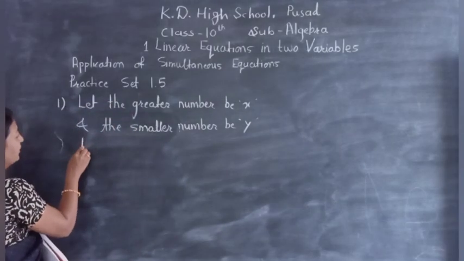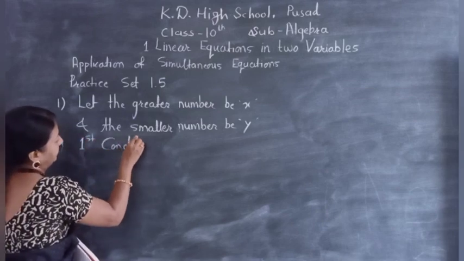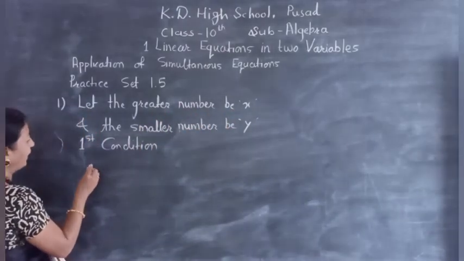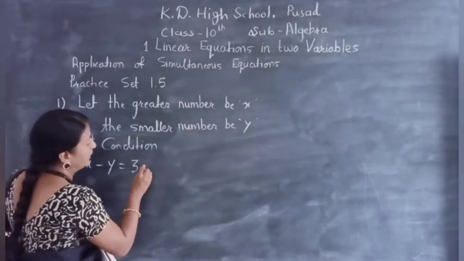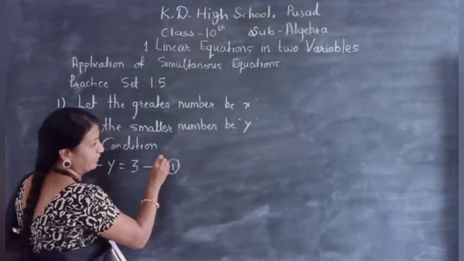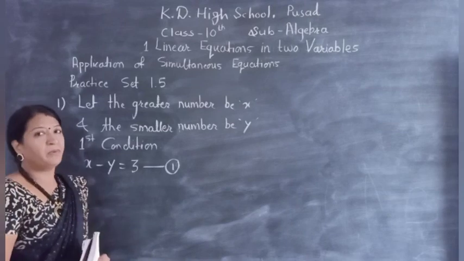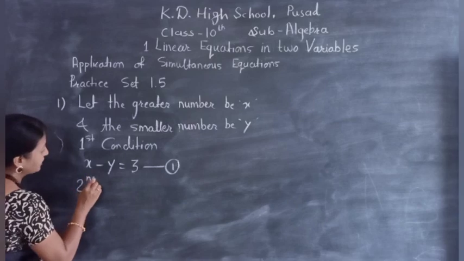So this is our first condition. That is x minus y is equal to 3. This is our first equation. Now to solve the equations in two variables, we need two equations. There is one more condition given.